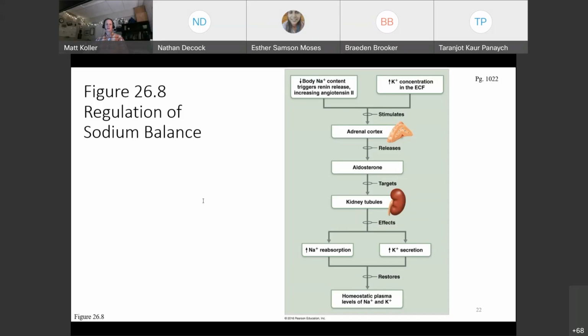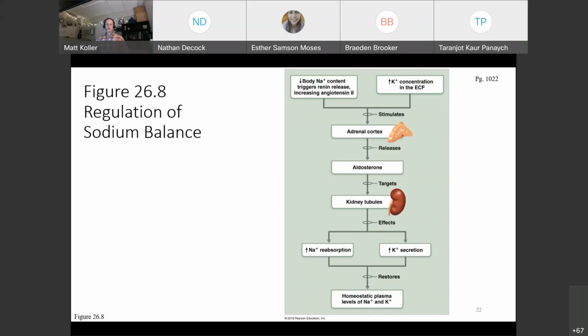The renin-angiotensin-aldosterone mechanism is the main trigger for aldosterone release. You have cells which secrete renin in response to sympathetic nervous system stimulation, decreased sodium chloride concentration, and decreased stretch of the cells because of lower blood pressure.